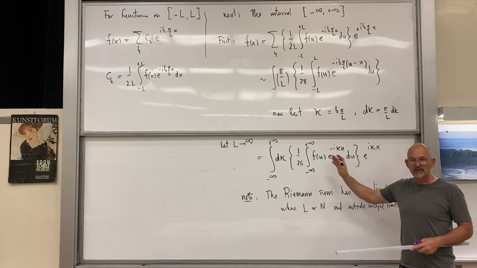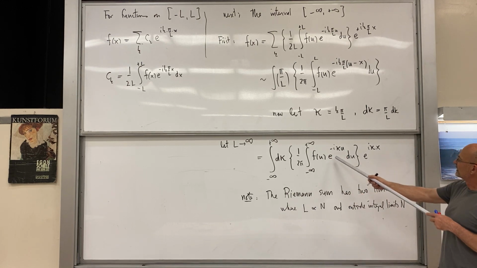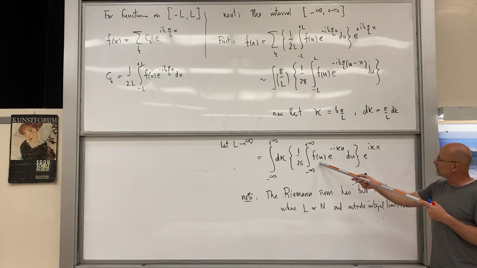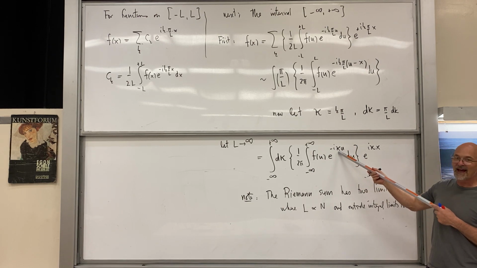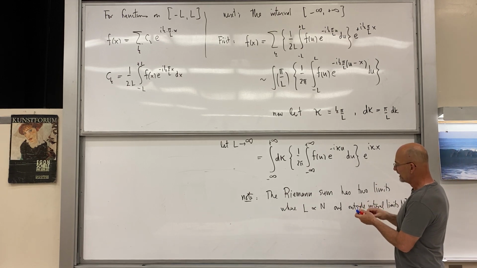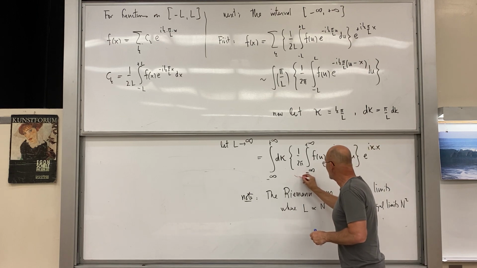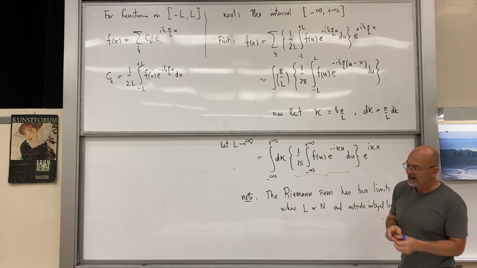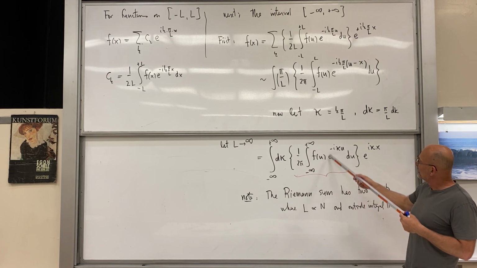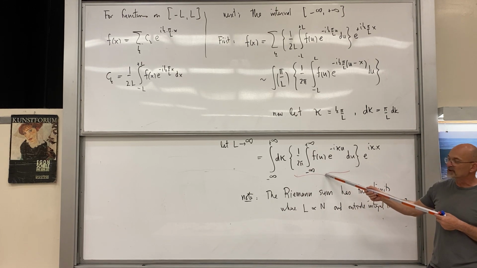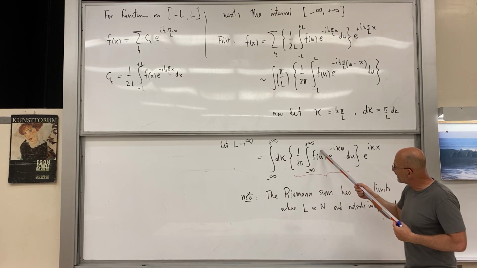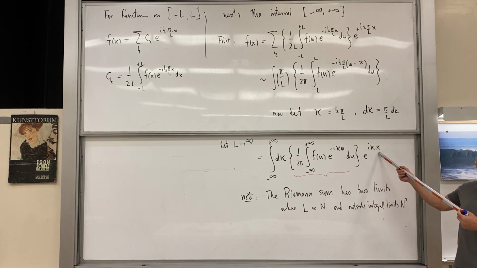It's an interesting thing to set up, like I said, because here we can actually take this at face value, and it doesn't matter if we call it kappa or k or whatever. I'll use another color. This now, if you compare it to what we have up here, this now is our Fourier coefficient, and the Fourier series is the function integrated over e to the i kappa x.